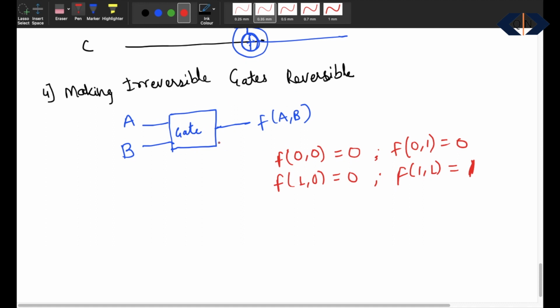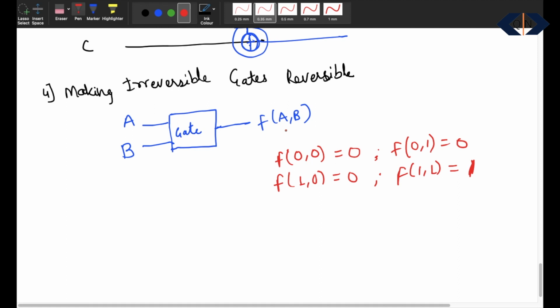These types of gates are irreversible. Why? Because for any gate to be reversible, the number of inputs should be equal to the number of outputs, and here we have only one output and two inputs. So the first criterion itself is not satisfied, so we can say that this is an irreversible gate.